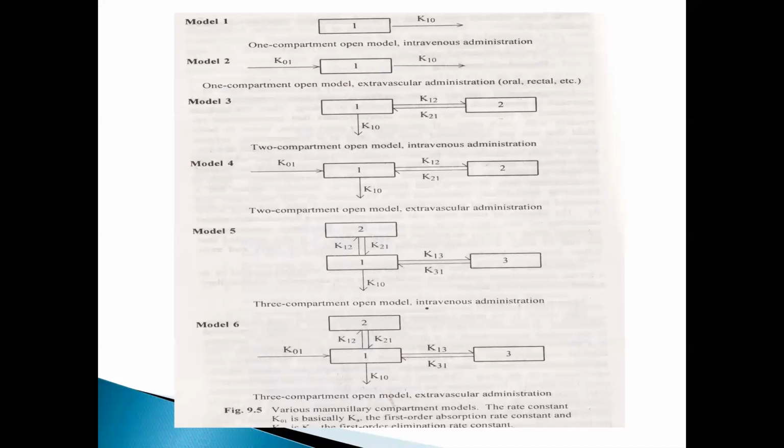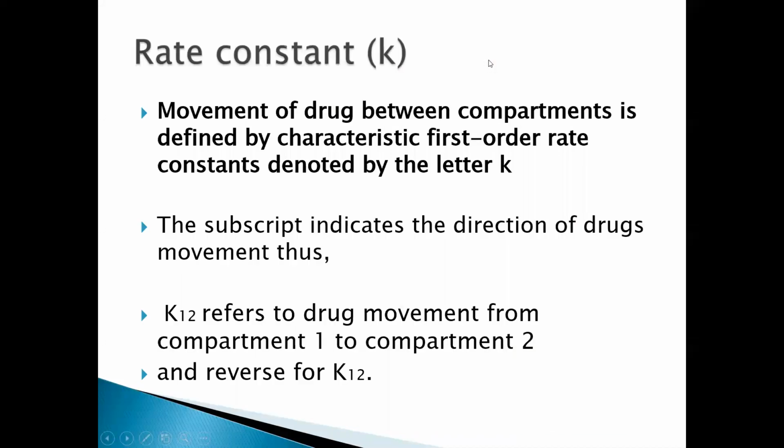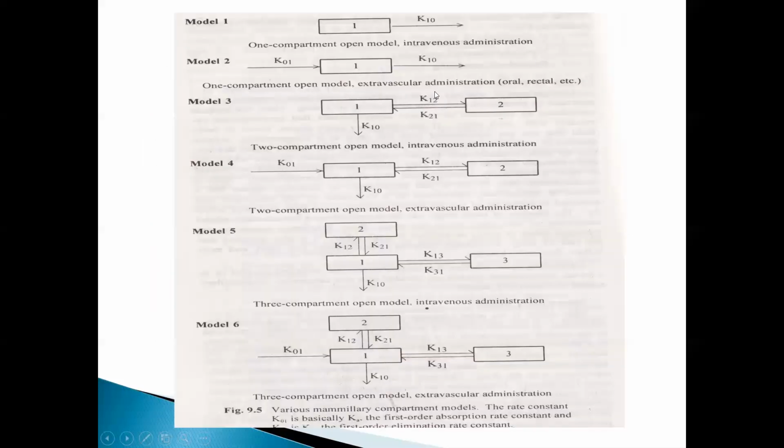And in IV administration, naturally there is no absorption process, there is only the elimination process. You can see the elimination occurring from the central compartment. It is given by K10. K10 is the first order elimination rate constant.